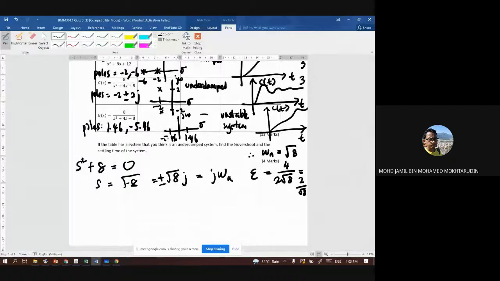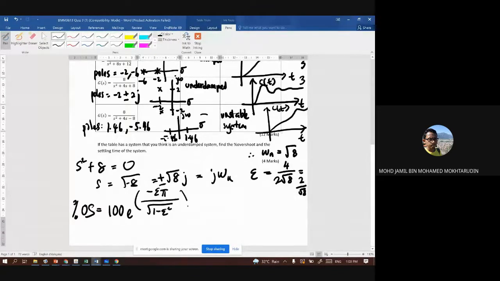And then we can use the formula for percent overshoot. This one, calculate yourself. You just plug in the numbers, and settling time Ts equals 4 over damping ratio times omega n.